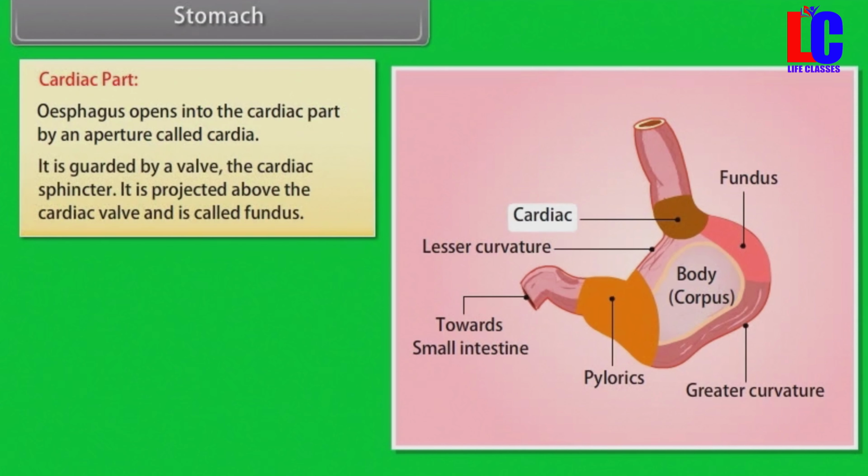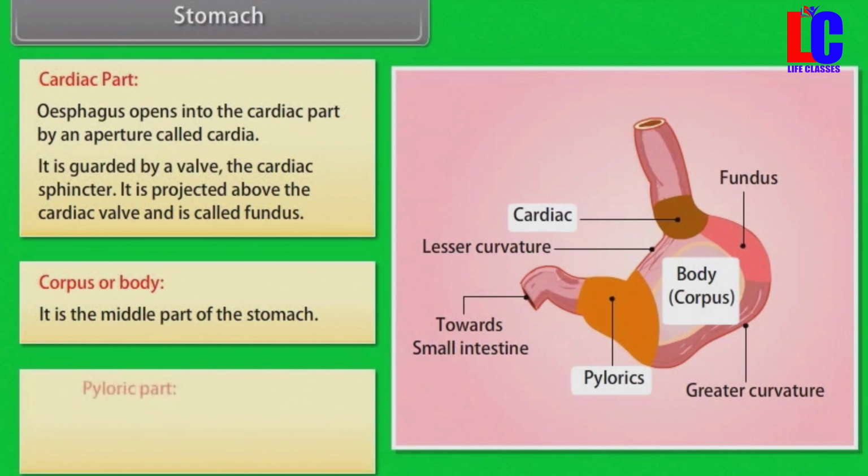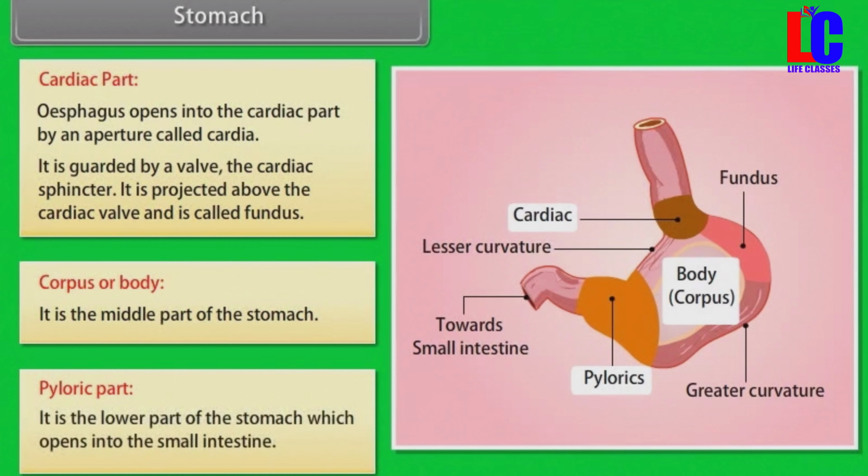It is guarded by a valve, the cardiac sphincter. The part projected above the cardiac valve is called fundus. Corpus or body. It is the middle part of the stomach. Pyloric part. It is the lower part of the stomach which opens into the small intestine.